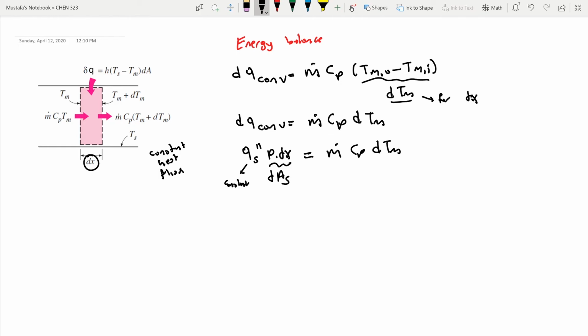So we can rearrange this as dTm by dx equals constant heat flux multiplied by perimeter divided by mCp.